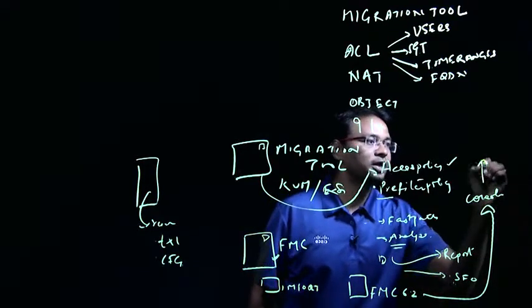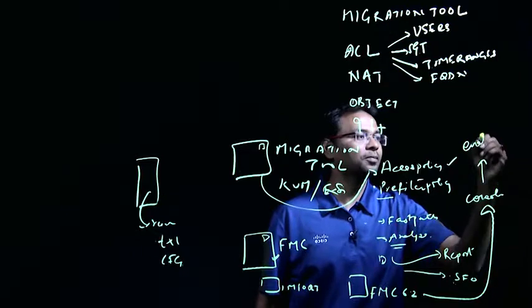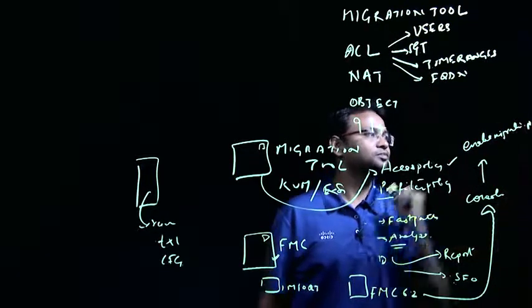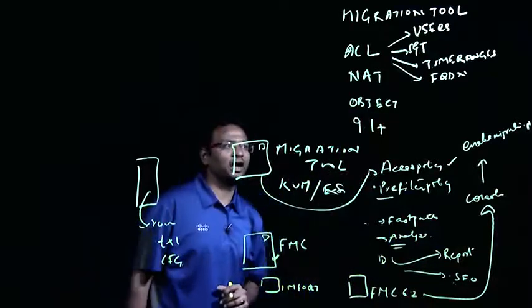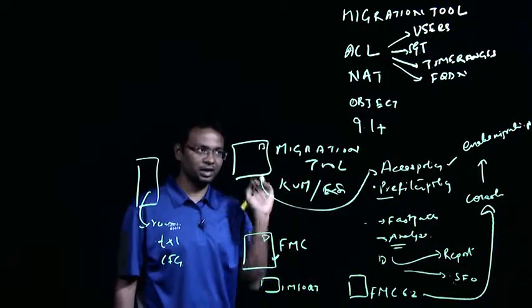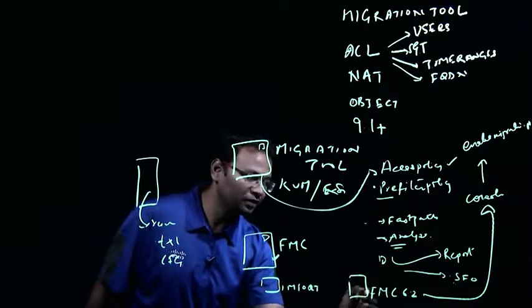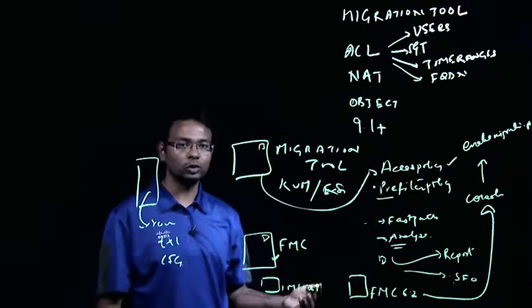On the console, type enable migration.pl. Once you type enable migration.pl and hit enter, this command will immediately transform FMC 6.2 into the migration tool.